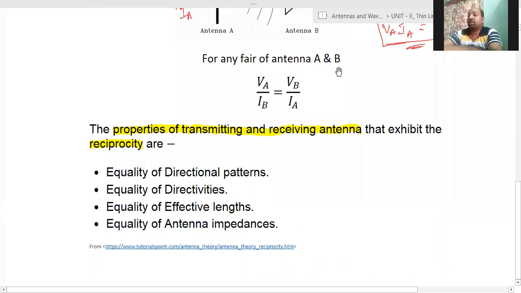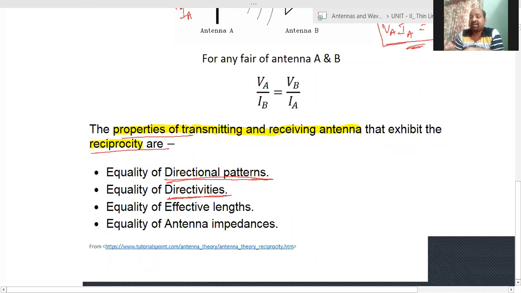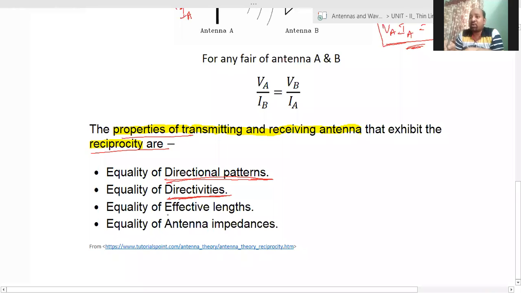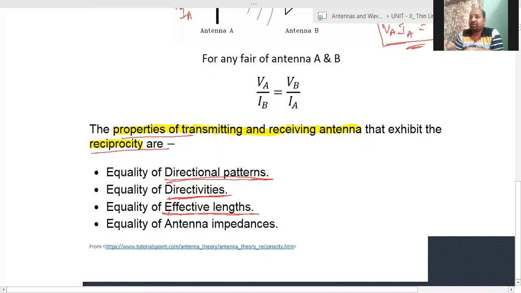The properties of transmitting and receiving antennas that exhibit the reciprocity theorem are: equality of directional patterns, meaning both antennas should have the same radiation pattern; the same directivities; equality of effective lengths; and antenna impedance.